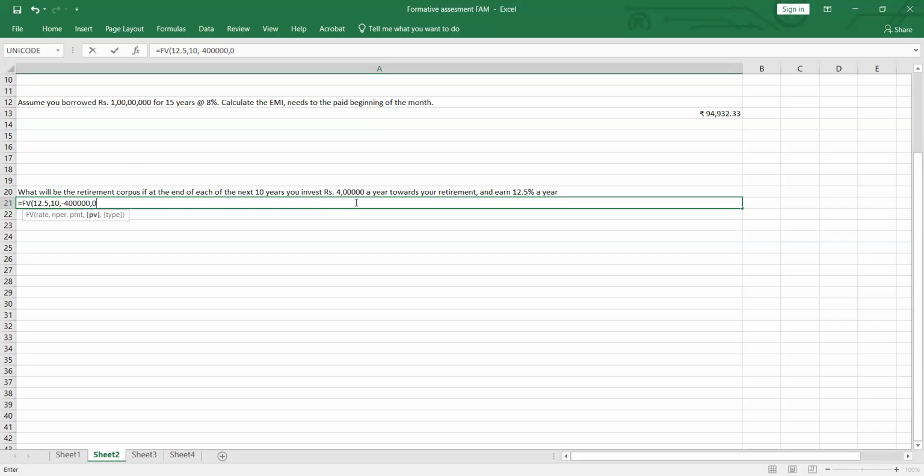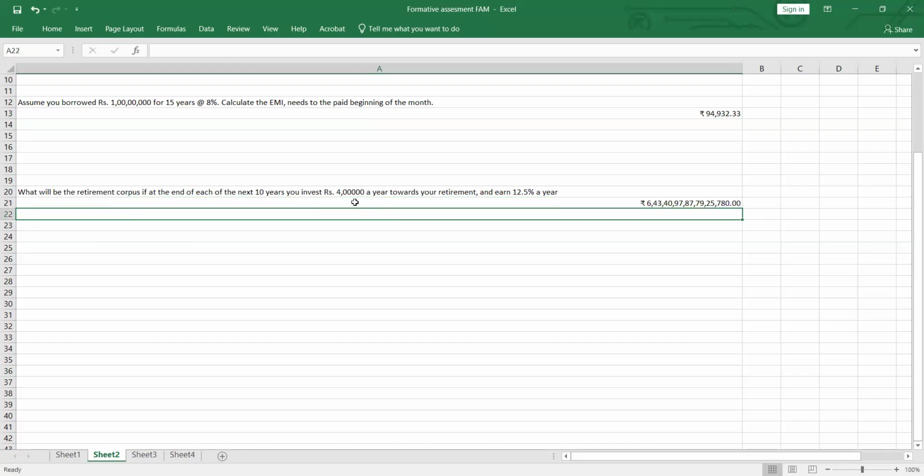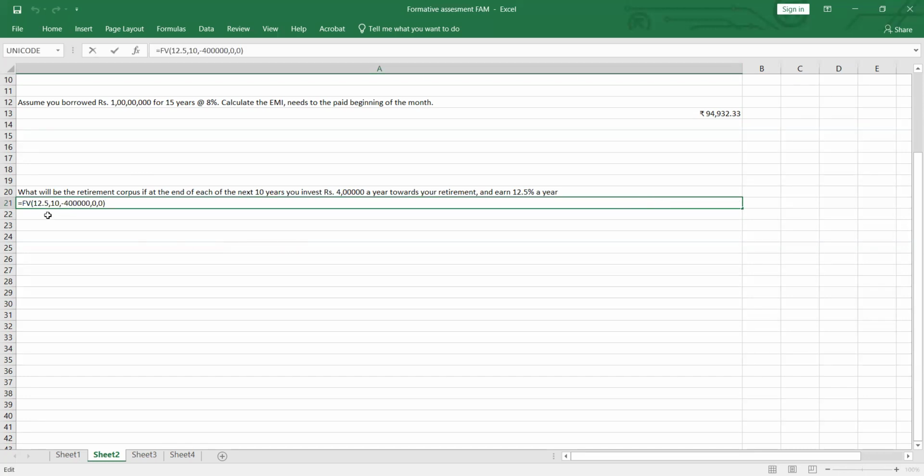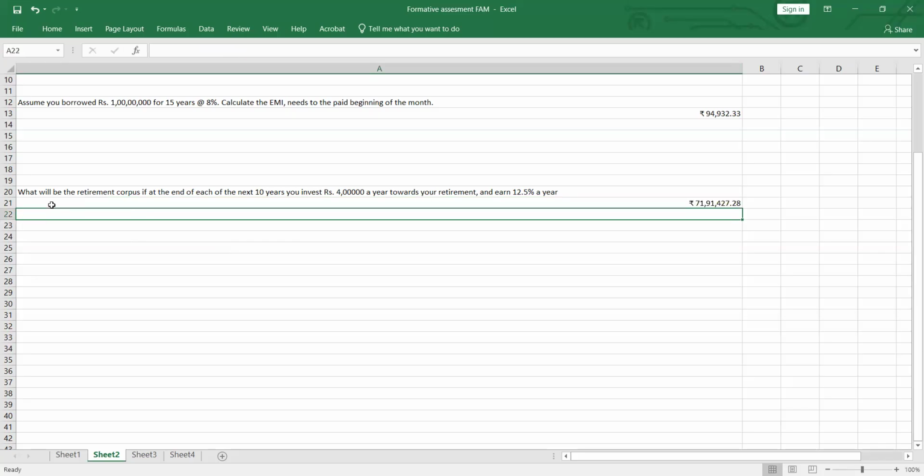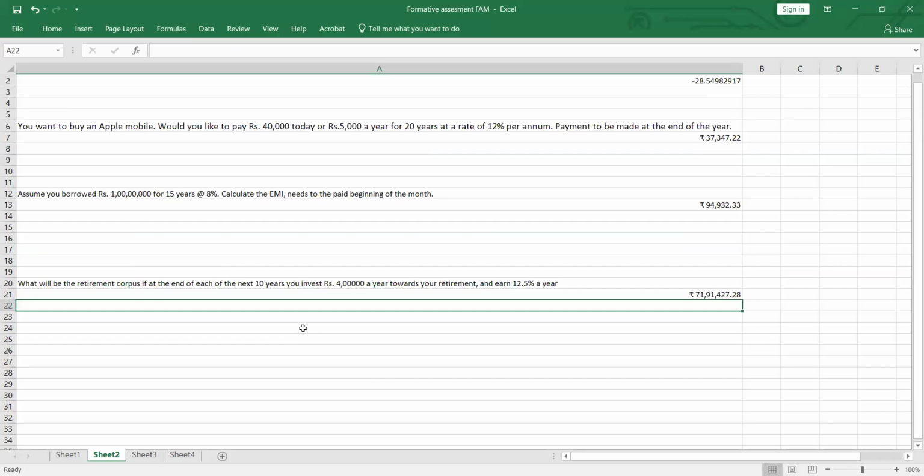Then zero. Put the column, enter. Sorry, I made a mistake: I didn't convert 12.5 into a decimal, 0.125. This is the answer. So now we understand the future value and present value concept.